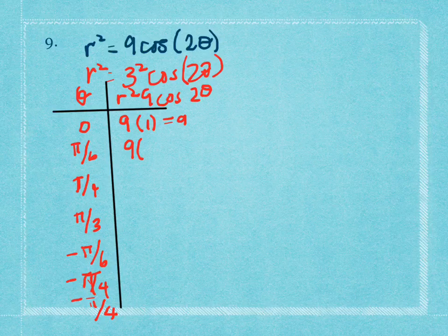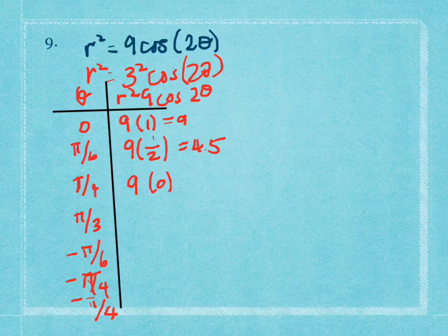The cosine of pi thirds, we did that a little bit ago, that's actually 1/2. So this is 4.5. Pi over 4 multiplies out to pi over 2. The cosine of pi over 2 is 0.